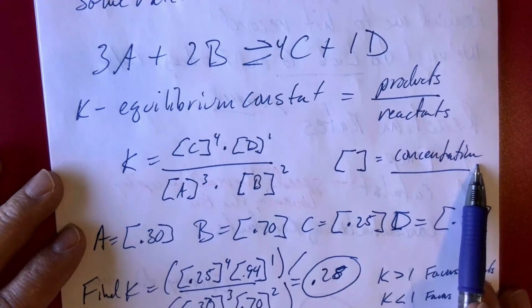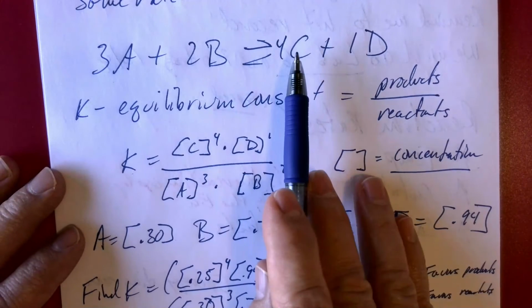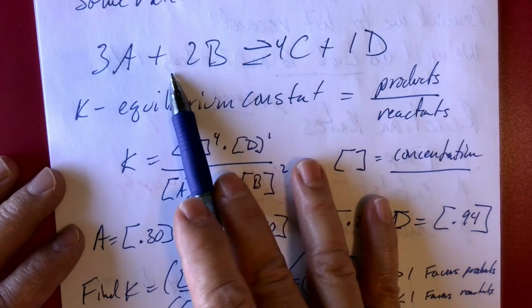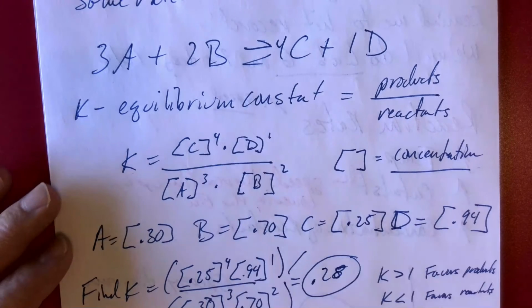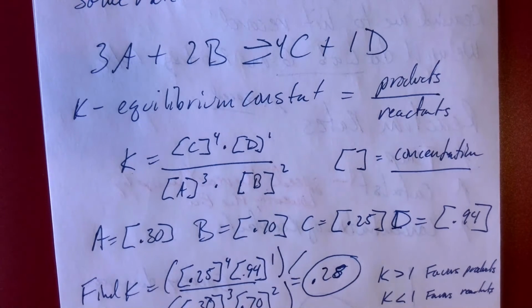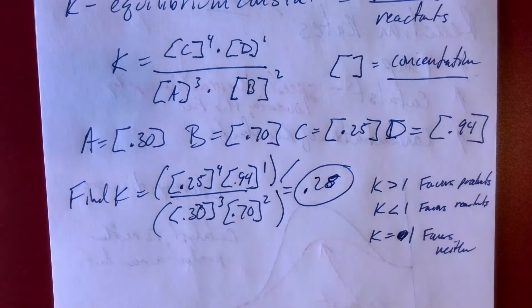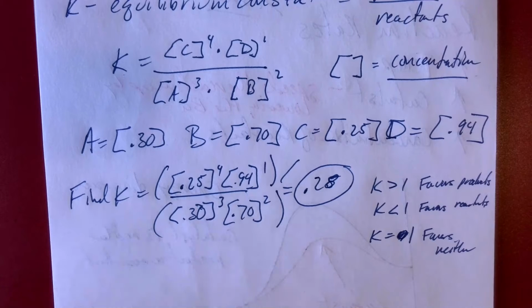If K was big, like let's say K was 50, what that tells me is that I'm going to get a whole bunch of this, and there won't be very much of this left over. Does that make sense? Okay? And you just got to remember that equilibrium is always back and forth. The value of K simply tells you how much back and forth there is. The higher it is, the more forth there is. The lower it is, the more back it is. Does that make sense? Or no?